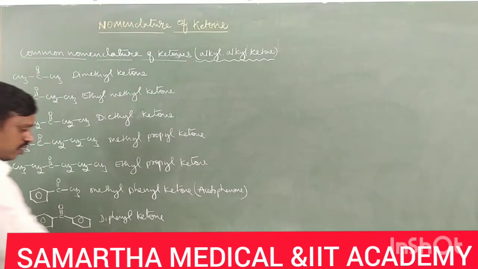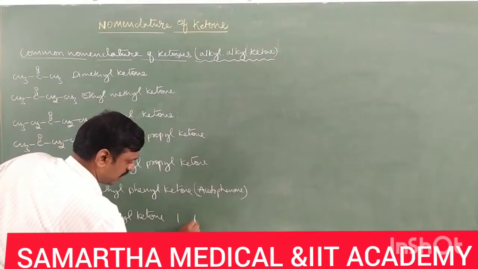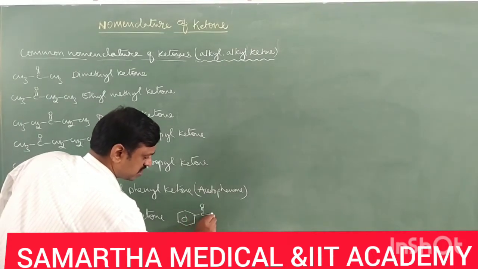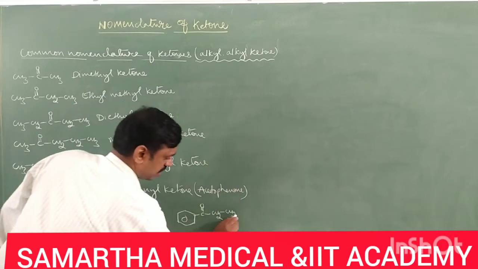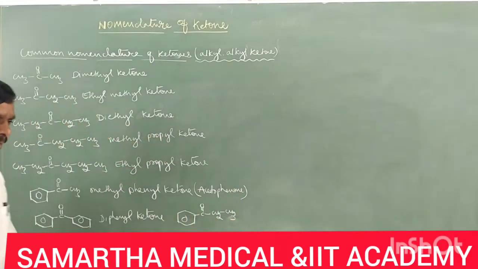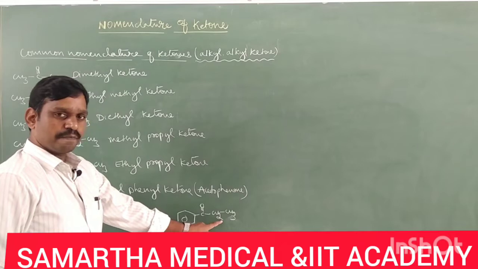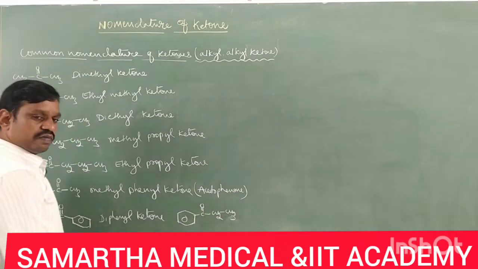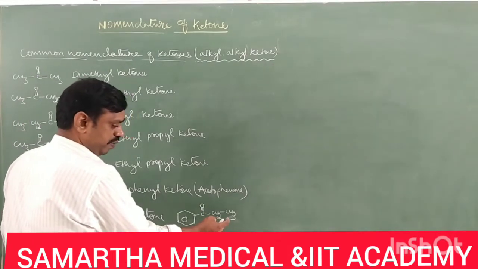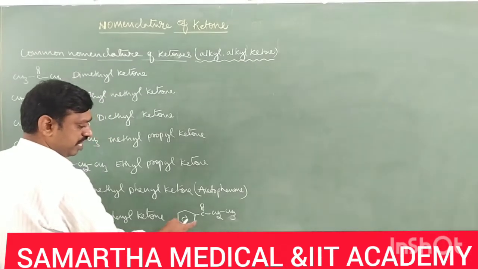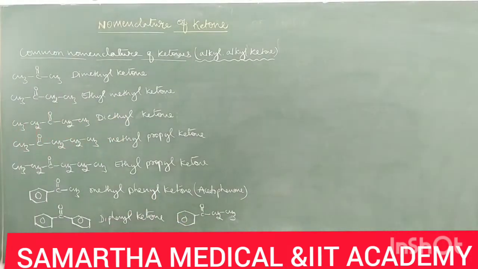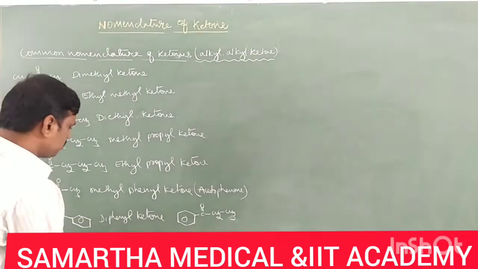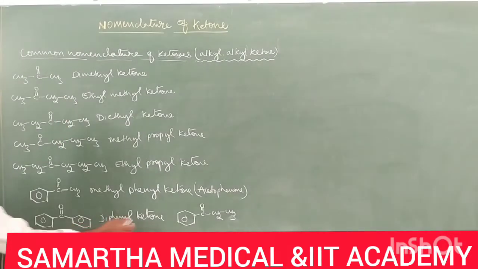Now one more example: one side is a phenyl ring, another side is an ethyl group. Phenyl starts with P, ethyl starts with E. In alphabetical order, ethyl comes first, therefore it becomes ethyl phenyl ketone.